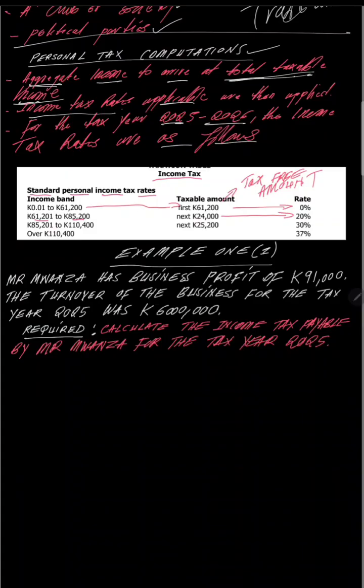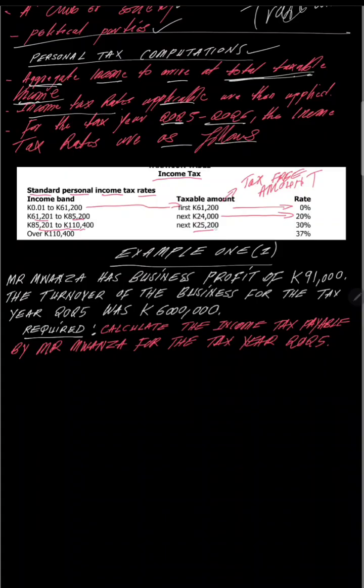If you go beyond 85,200 plus 1, you're going to have 85,201 to 110,400. The difference between 110,400 and 85,201 is 25,200.